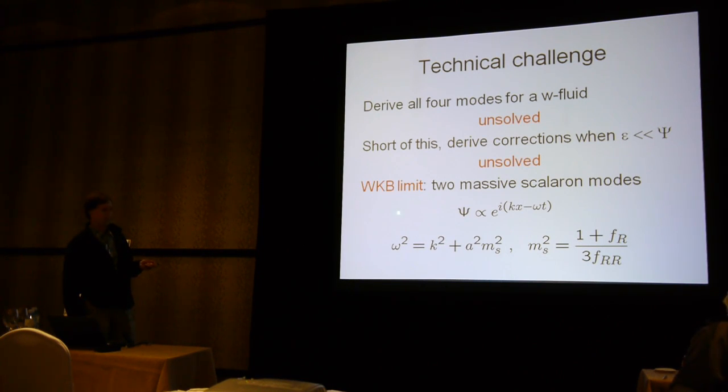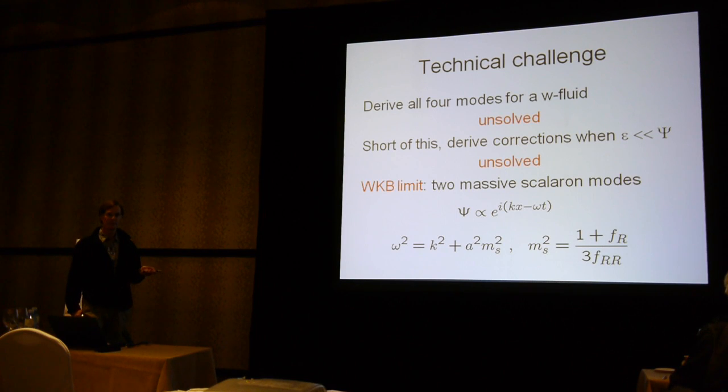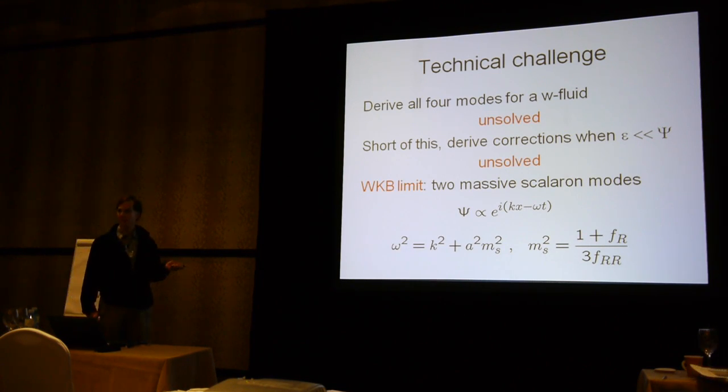And that is the WKB limit, where this potential and also the scalaron, all the fields, have modes like this. Plane waves with a frequency omega that obeys the following dispersion relation. This just comes directly from the equations of motion. I won't go through the algebra here.